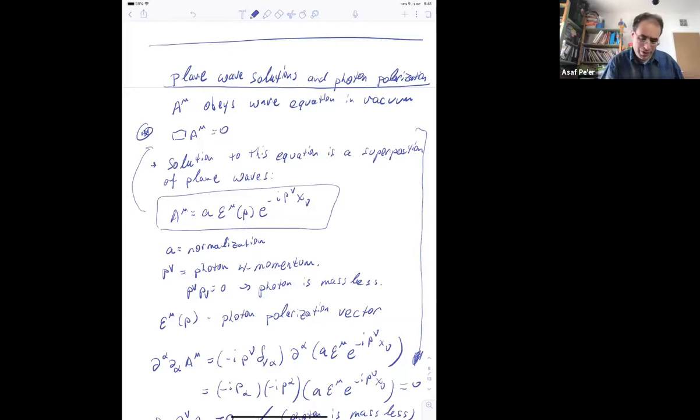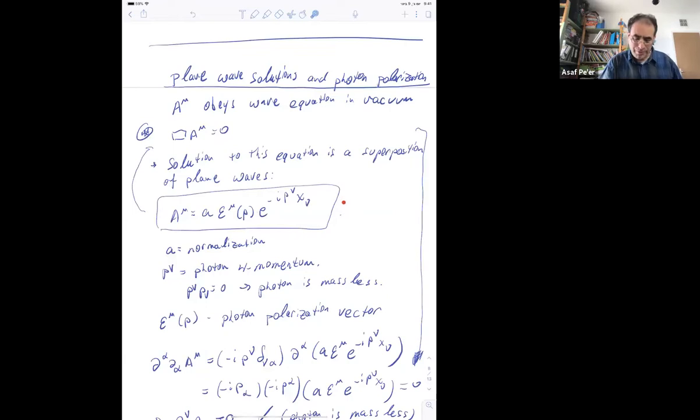And that the equation here with a star, the d'Alembertian of A mu equal to 0, is a wave function that describes a photon in vacuum. And then I argued that the solution of this equation needs to be a superposition of plane waves. This is the superposition written here and put in a box.